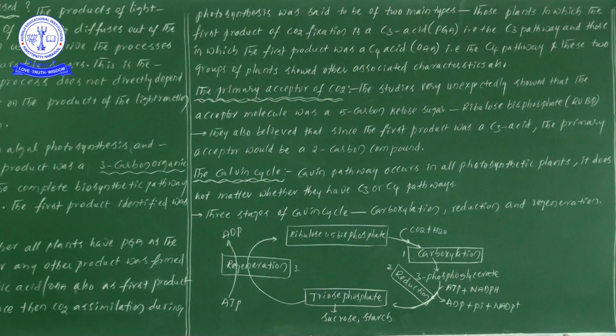Now this triose phosphate again is involved in the regeneration of RuBP. Even in the regeneration process, ATP molecules are consumed. ATP, adenosine triphosphate, is involved in the regeneration process, and ADP plus Pi formation takes place.